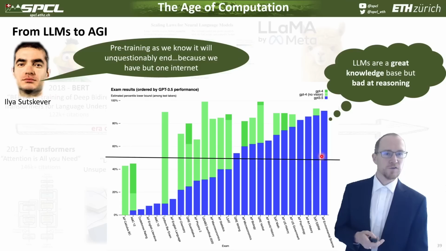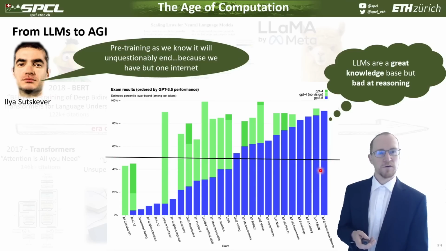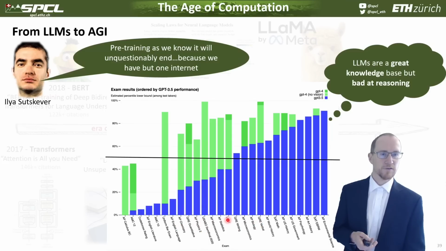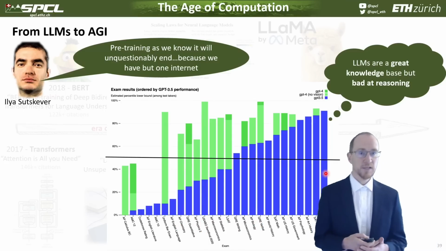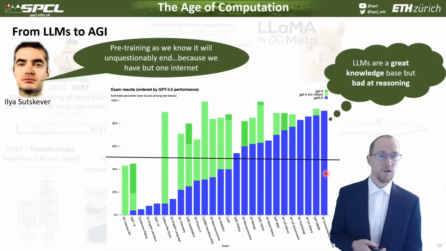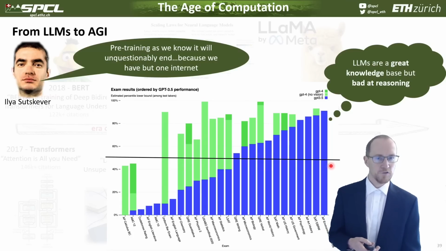This black line in the middle is the 50th percentile. So we could say half of the humans are worse than this black line and only half are better. You can see that for the majority of these tests, English literature and chemistry and so on, knowledge tests, language models like GPT-4 are already better than half of the humans. That's already quite an interesting achievement.